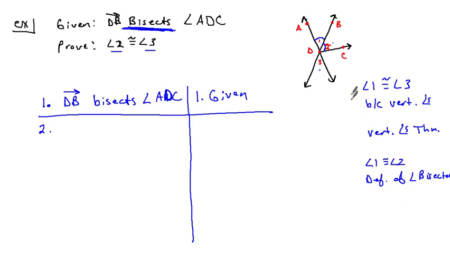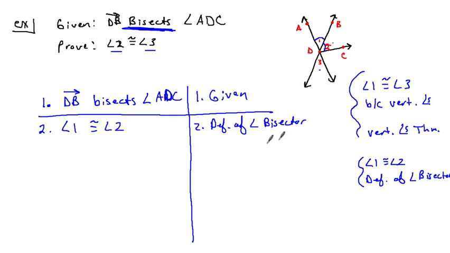So we got to think of a way to put this and this into this as kind of logical statements. So we'll just start with angle 1 being congruent to angle 2. And that's because of the definition of angle bisector, or the definition of bisect. Either way you want to write it is fine. Bisect is the key word there.